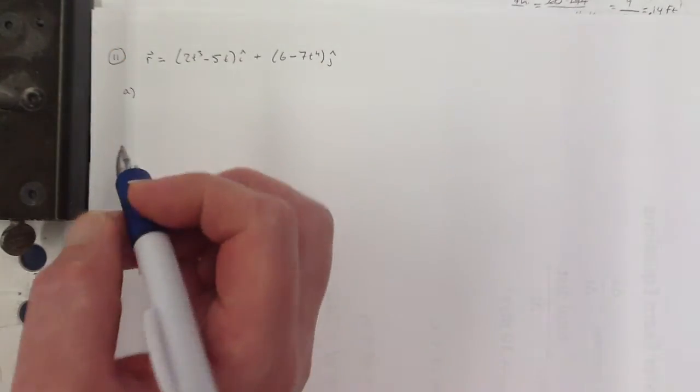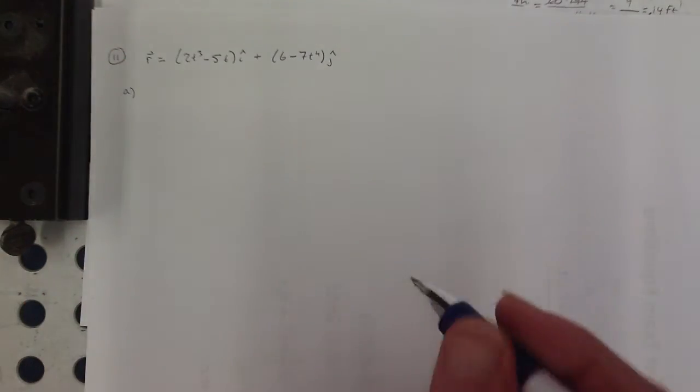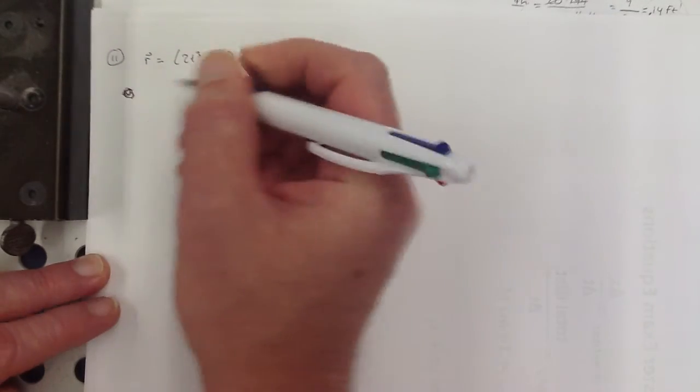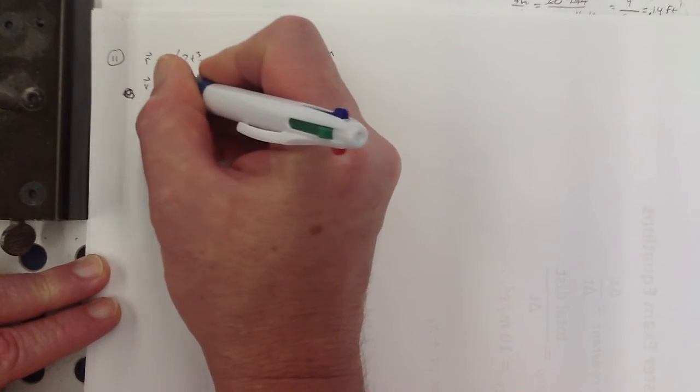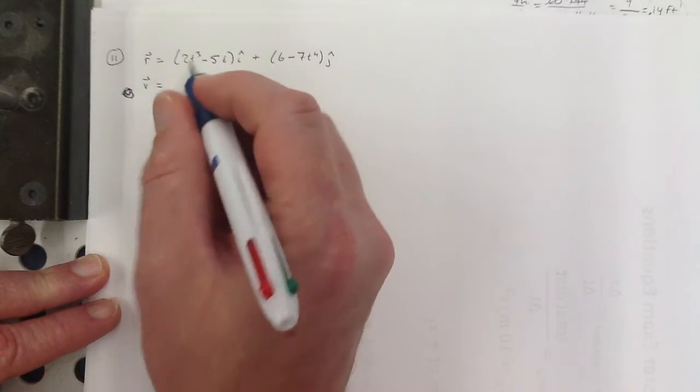Okay, well, at time 2, I guess I just need to plug 2 in. You know what, before I set that up, I'm going to go ahead and just do my little calculus here so I can have these all stacked up.